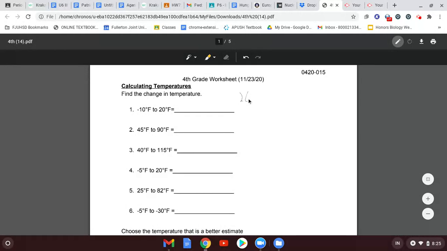For example, number one, we're trying to find a change from -10 to 20. So basically, we can just subtract to get the answer. And as we all know, two negatives make a plus. So that's 30. That's 30 degrees Fahrenheit. The change in temperature is 30 degrees Fahrenheit.